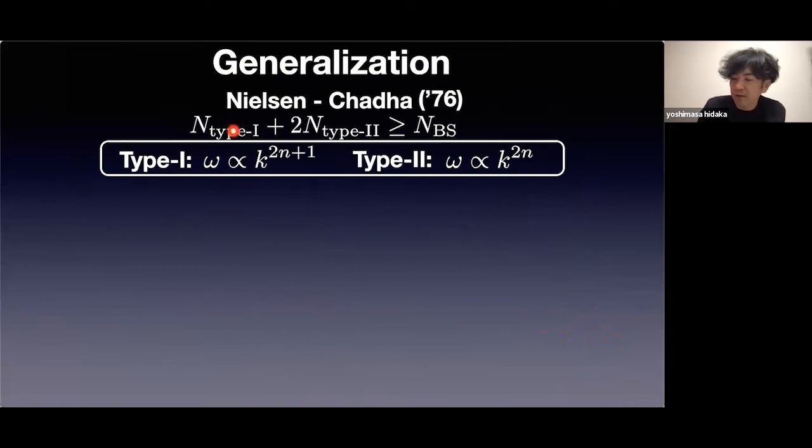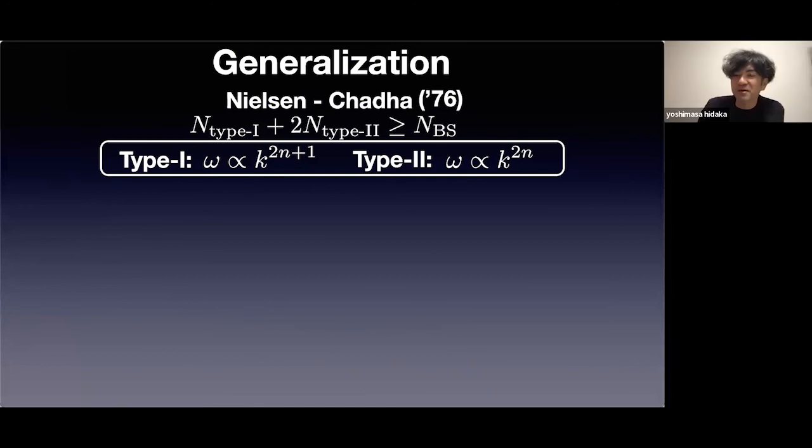Type 1 and type 2 are classified by the dispersion relation, and on the other hand, type A and type B are classified by the expectation value of the commutator. But in the ordinary case, type 1 corresponds to type A, and type 2 corresponds to type B.